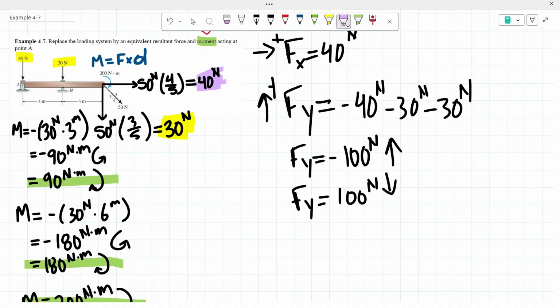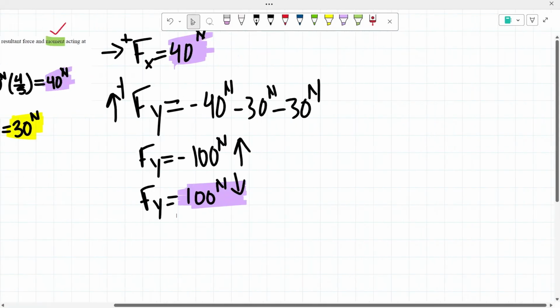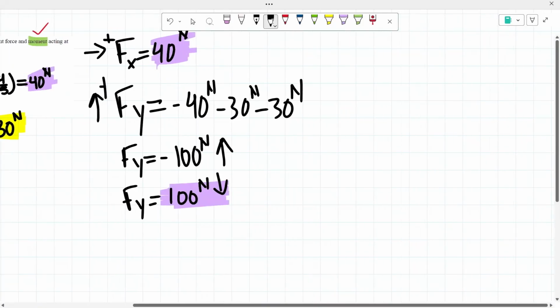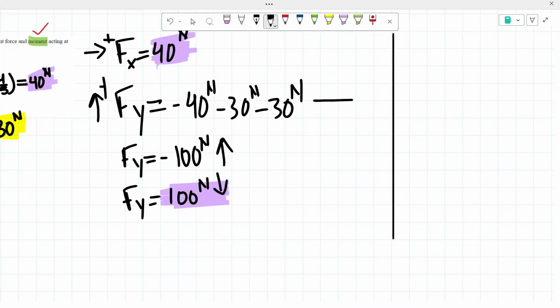So now that we have our sum of our forces in both the x and y direction, we will now sketch this out to be able to determine how we're going to solve for our resultant force. So let's draw our x and y axis.